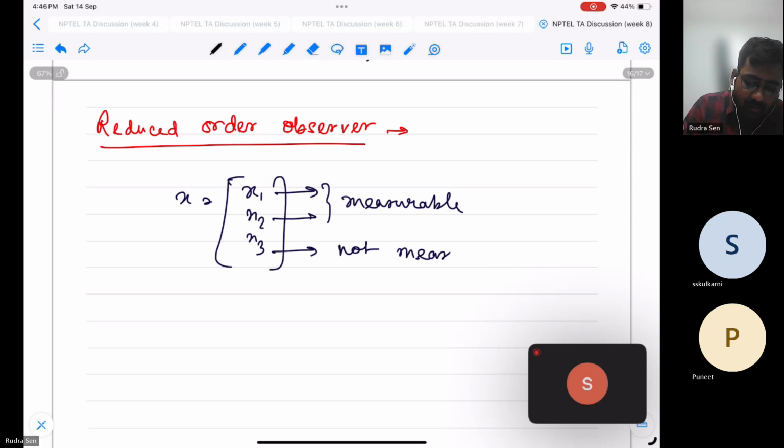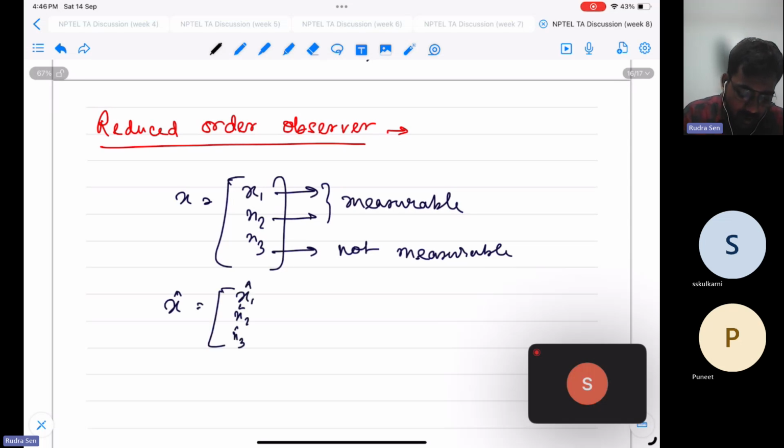In the previous problem, the full state observer estimates all the states: x1 hat, x2 hat, and x3 hat. But this is unnecessary, because we are already measuring x1 and x2.